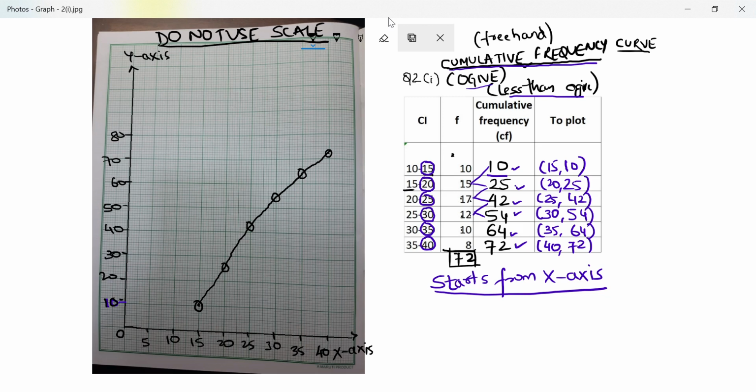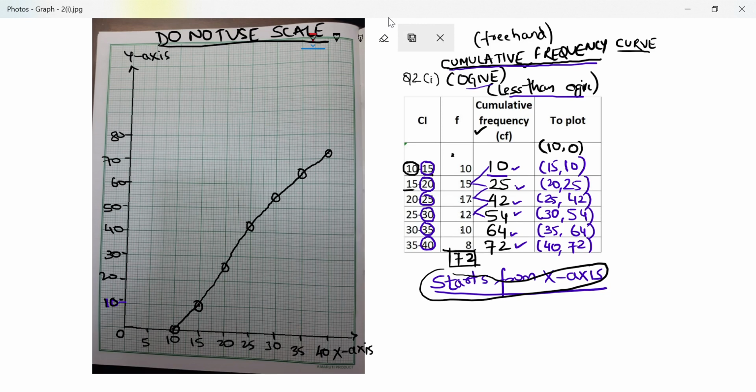Now, like I said, it starts from the x-axis, but my curve is not starting from the x-axis. So what should I do? The first point is the lower limit of the first class interval, plotted with 0, because it's starting from the x-axis. So the y-value will be 0. So this is 10 with 0. Perfect. Now it's starting from the x-axis. I repeat, what have we done? We first calculated cumulative frequency, and then we figured out what numbers to plot.